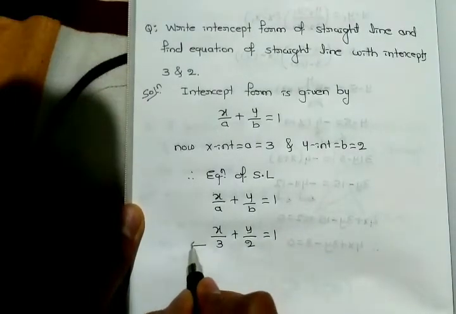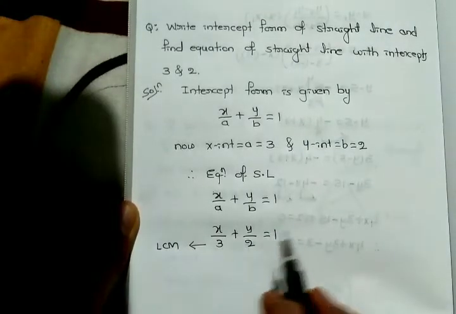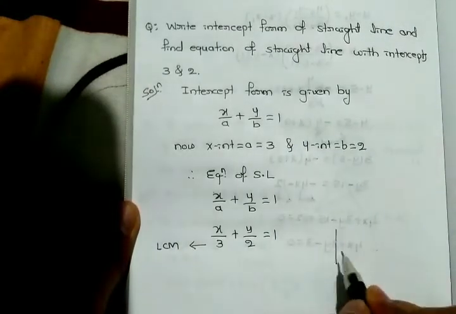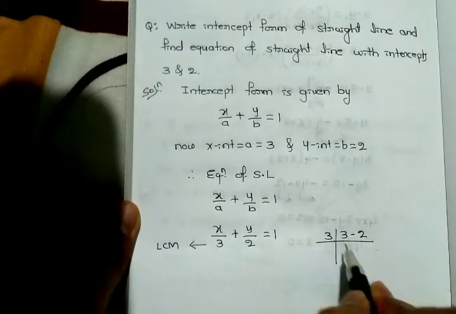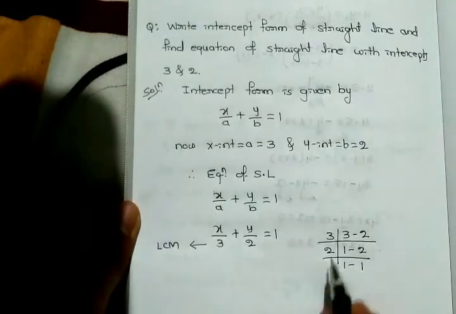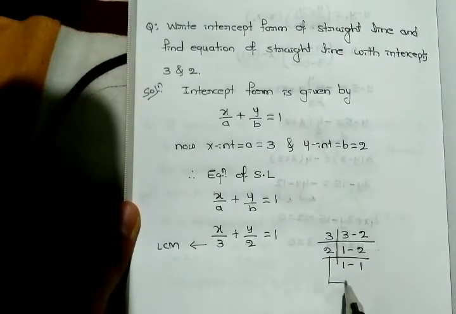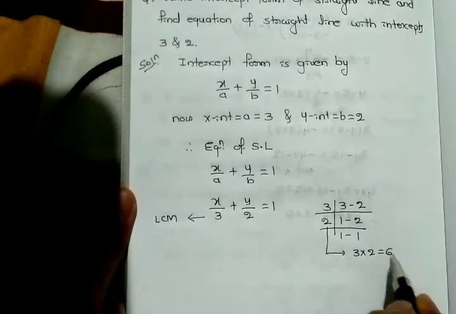So here next what to do, you need to take the LCM. So 3 and 2 means 6 is the LCM, correct? So here 3 and 2. So 3, 1, 2, keep it as it is. So next 2. Next these two you multiply. So here 3 into 2 is how much here? 6.